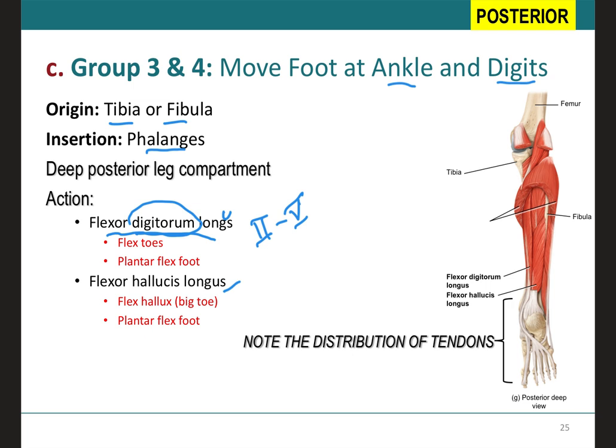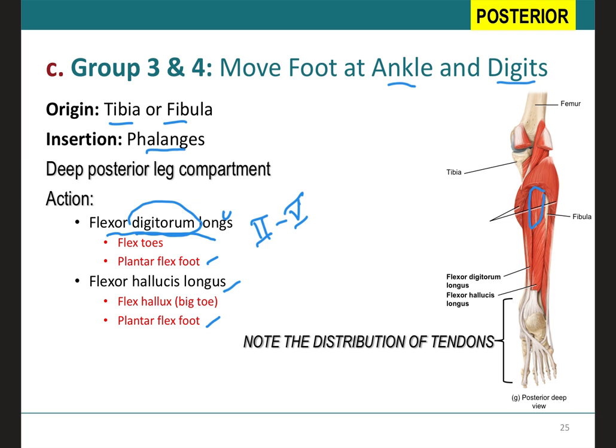Now, because both of these muscles also cross the ankle joint, they will do plantar flexion of the foot because they are located in the posterior compartment. In addition to these 2 muscles, there's a third muscle over here, which is the tibialis posterior, which will also do plantar flexion at the ankle, in addition to inversion of the foot.